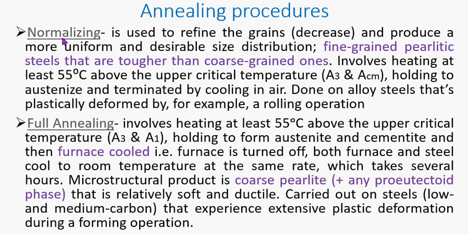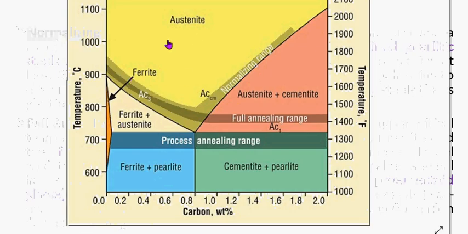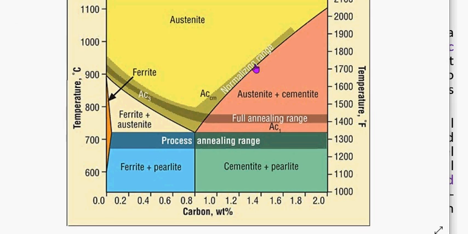So let's look at the diagram of normalizing, the region where normalizing can occur. This V shape here is the region where normalizing is carried out. So any alloy of the steel here, with respect to the carbon content, will have to be heated above these two lines. We call them A3.